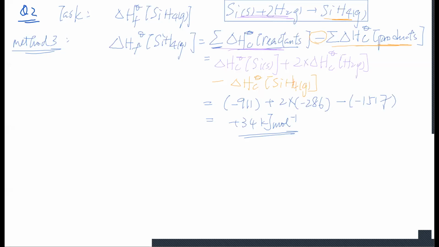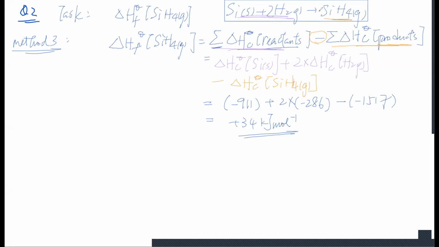This is method 3. It's easy, right? You may do the same action on method 1 and method 2 to solve. Question? How about method 1 and method 2? Do you know how to solve it?